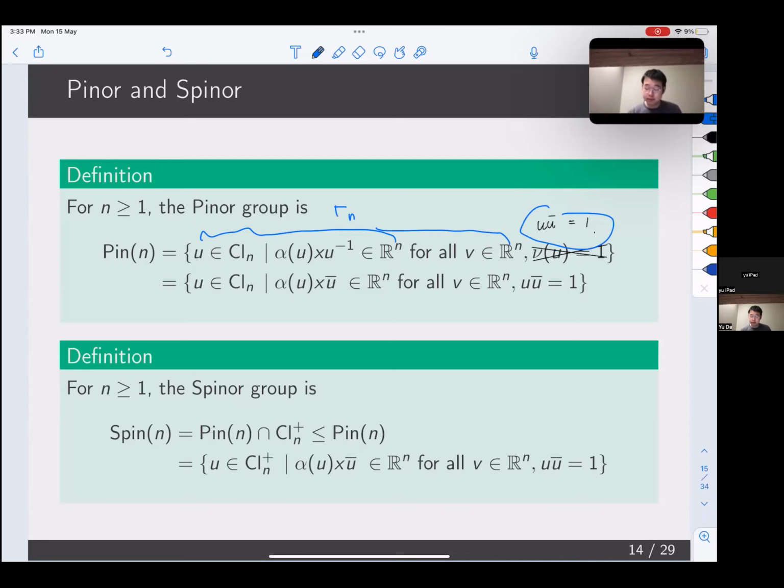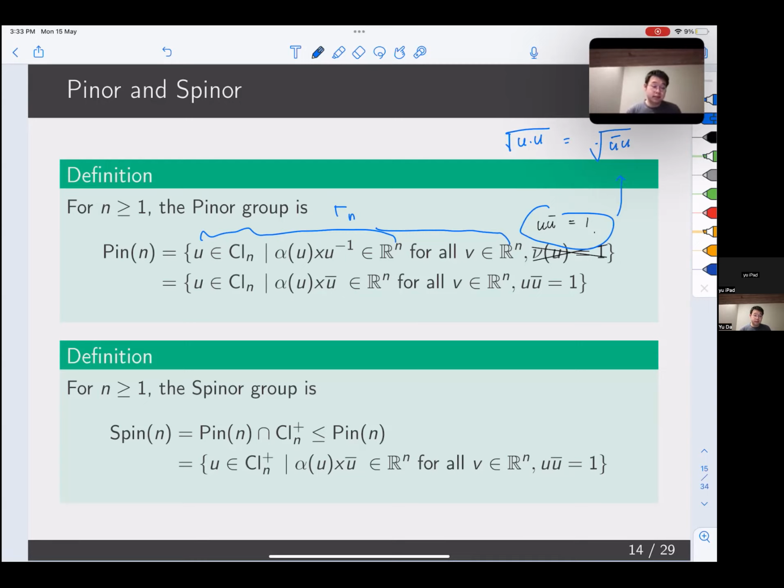Because before we defined the norm of the Clifford algebra as the square root of U dot U, this condition is just enforcing the norm of U to be 1.